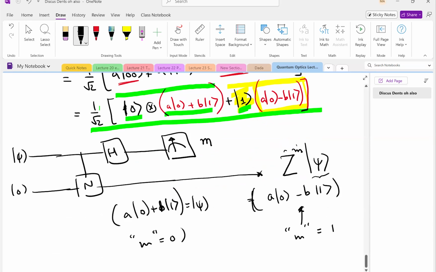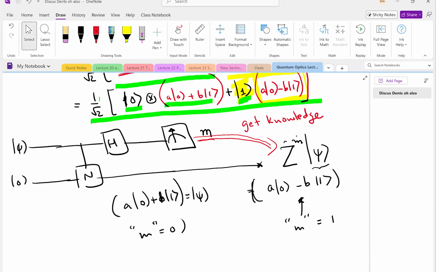So what I've really done is I've taken this measurement outcome. I get knowledge of this measurement outcome, and in some cases, and that's going to happen 50% of the times, I would know that I have applied a Z gate.